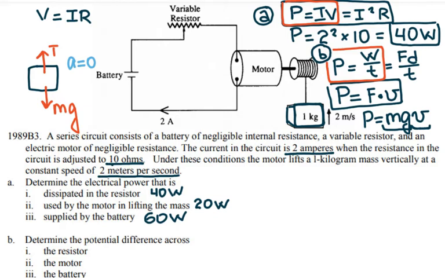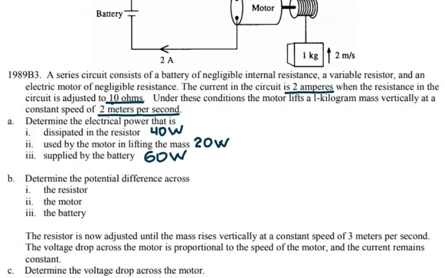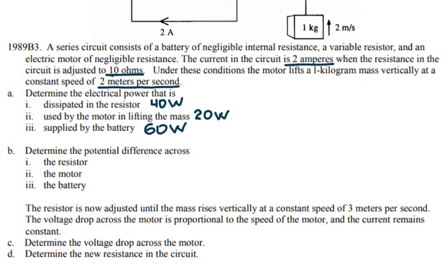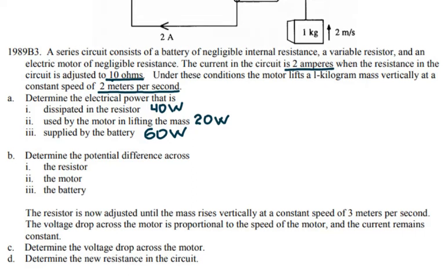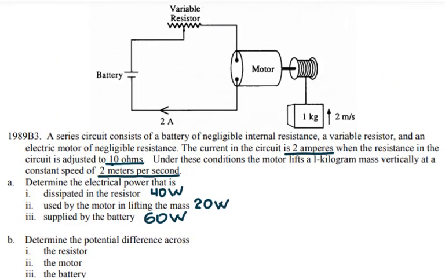For the next question in the problem, they ask to determine the potential difference across the resistor. The potential difference, or the voltage drop on the resistor, is measured in parallel to the resistor by the multimeter when it is set up for voltmeter measurements.